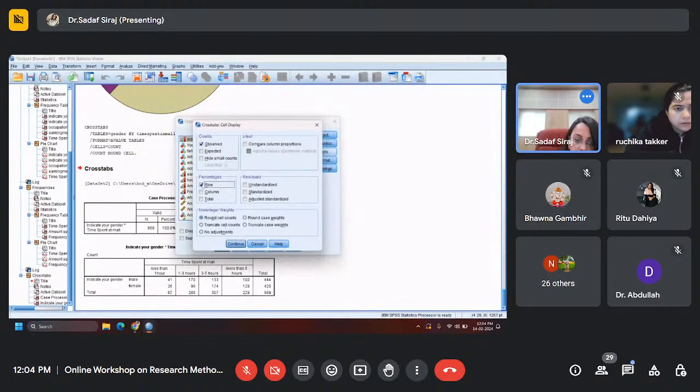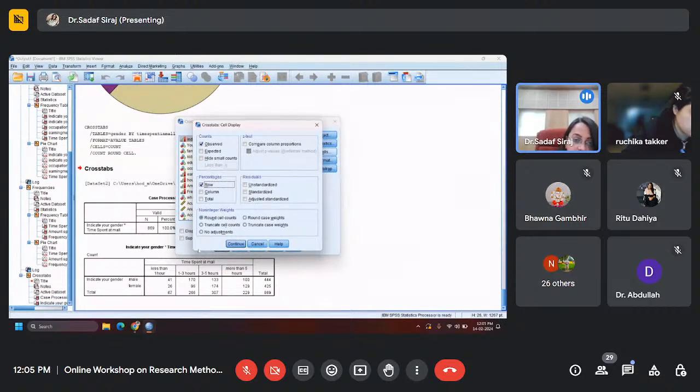Do you understand? Ruchika, if you would have taken the gender in columns and the time spending behavior in rows, then you would be clicking on column because you are interested that out of the whole population of males, how are they behaving in terms of percentages. Now I've taken males in row and females in row, so I am clicking on percentages in rows.